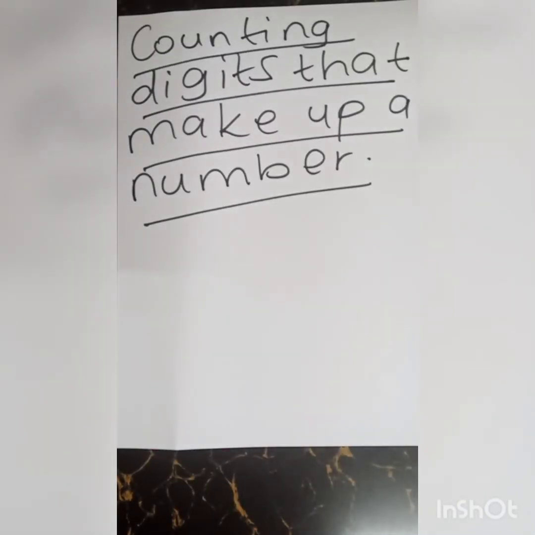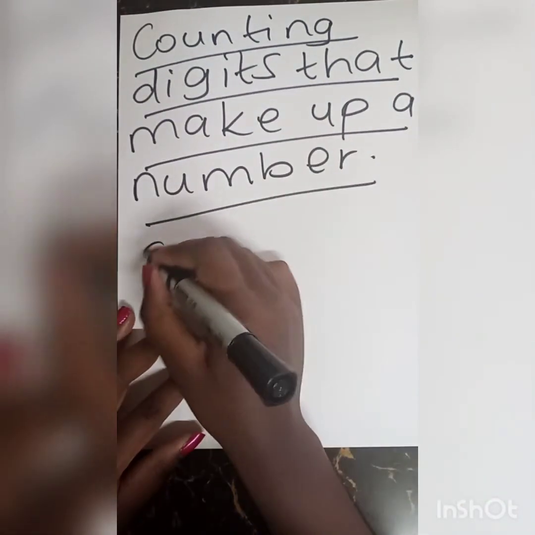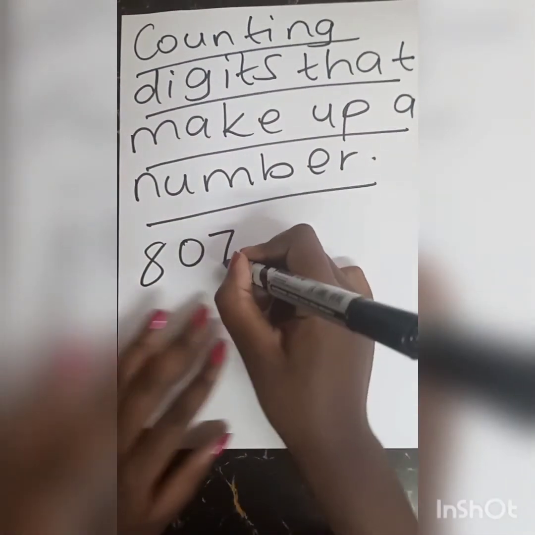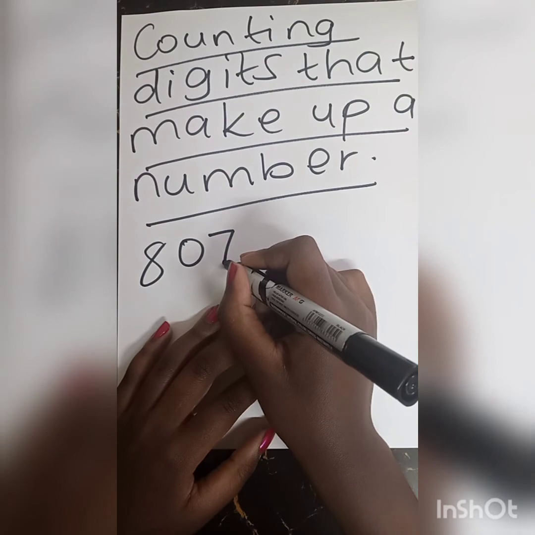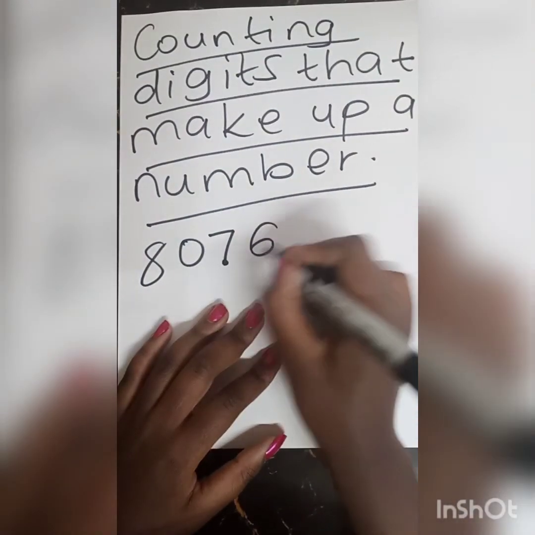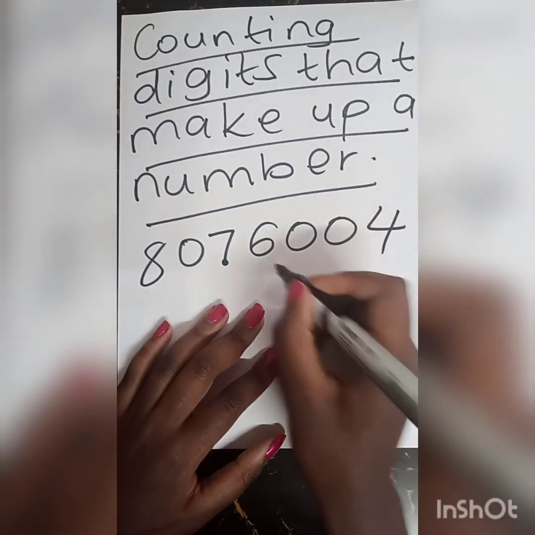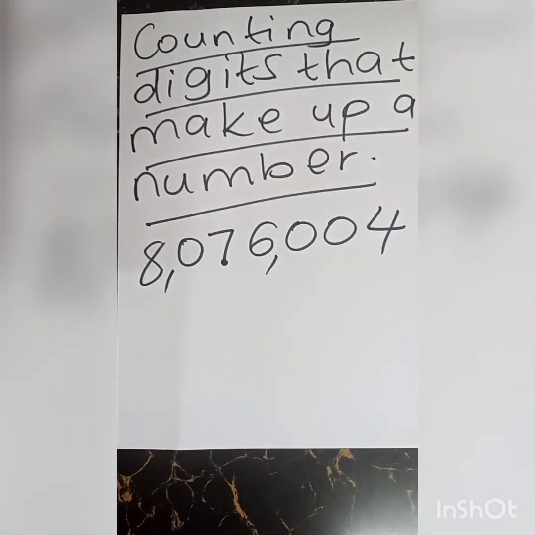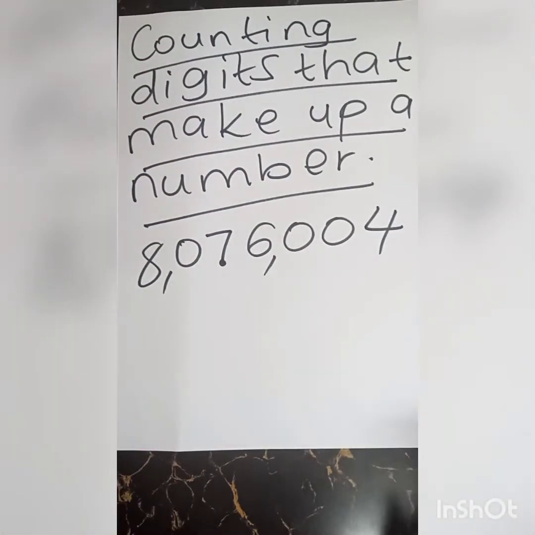If you were to count a number like 7,004,000, okay, how many digits does this number have? As I said earlier, when we are counting digits in a number, we also need to include 0.